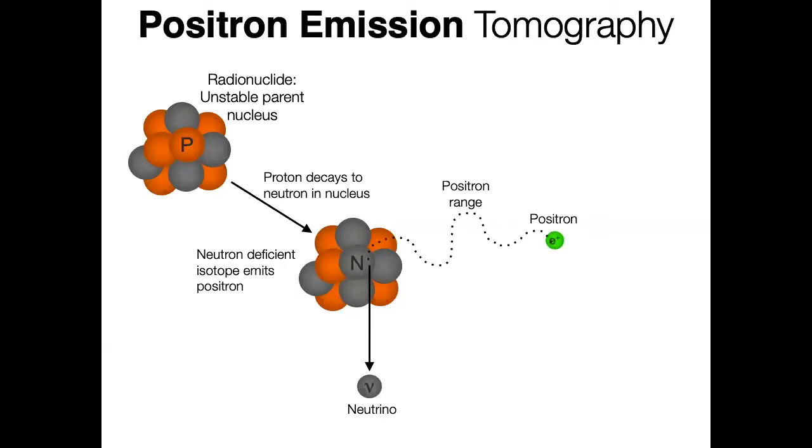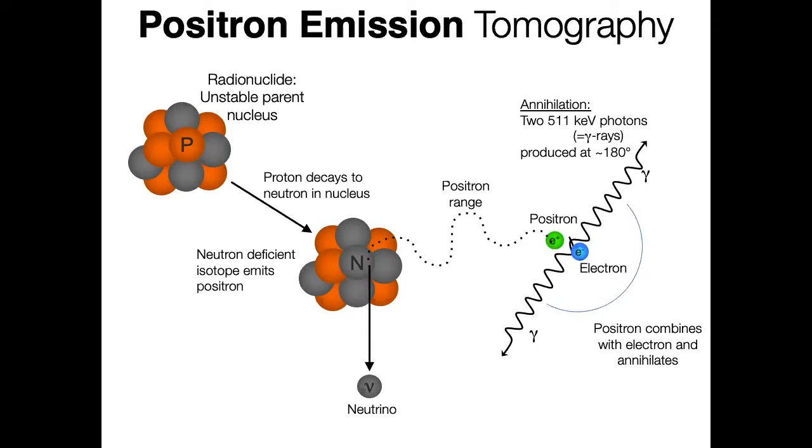And when that positron is emitted, it travels a little bit of a distance called the positron range away from the nucleus, and it travels until it meets an electron. And when the positron and an electron meet together, they annihilate. And during this annihilation process, two 511 keV photons are produced that are given away at approximately a 180-degree angle. And it's exactly those two 511 keV photons that are emitted during this annihilation process that we're imaging in positron emission tomography.